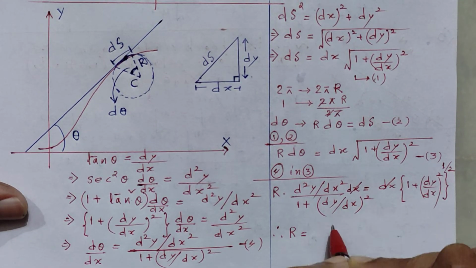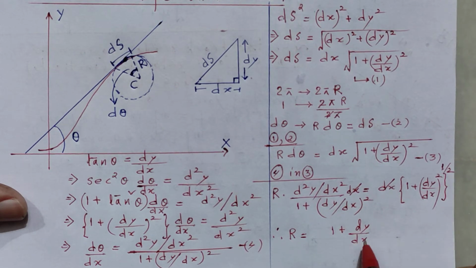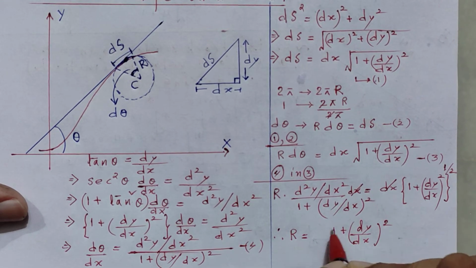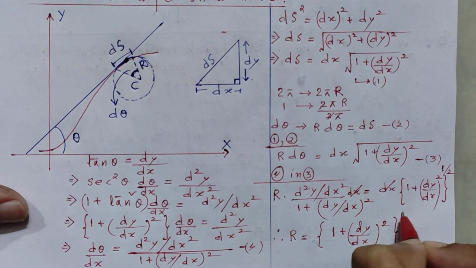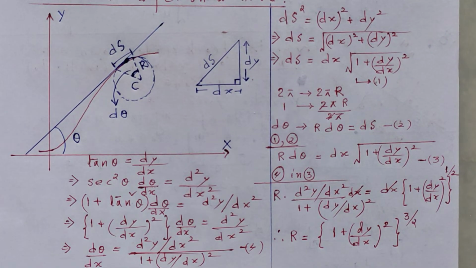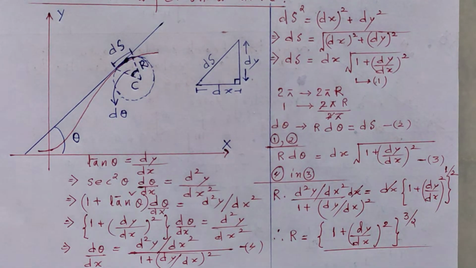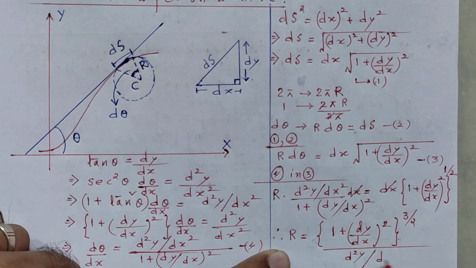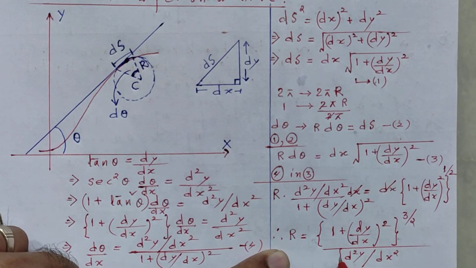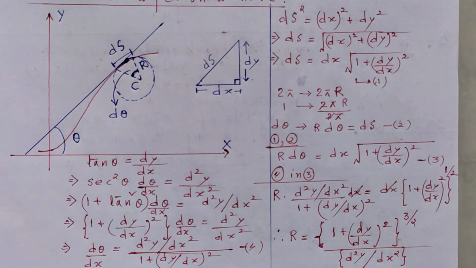This can be written as 1 plus (dy/dx) whole square, whole thing raised to the power 3 by 2, divided by d2y/dx2. This is the radius of curvature at any particular point on a curve.